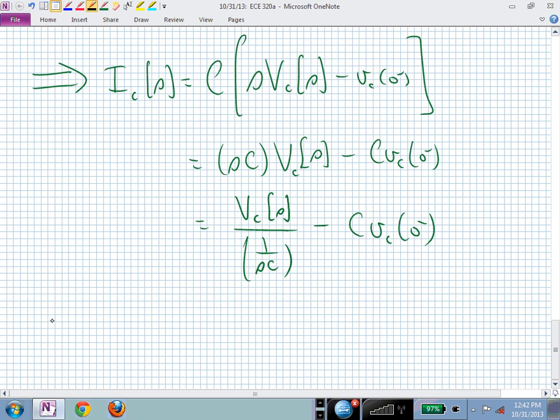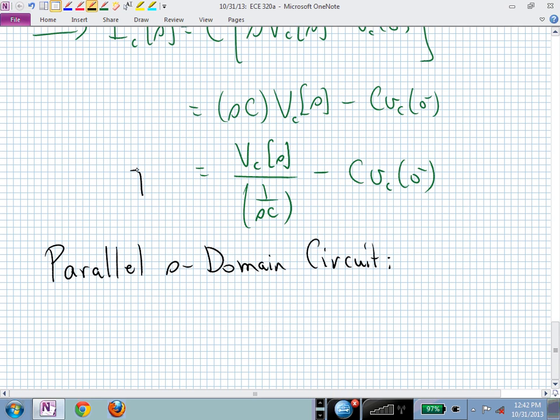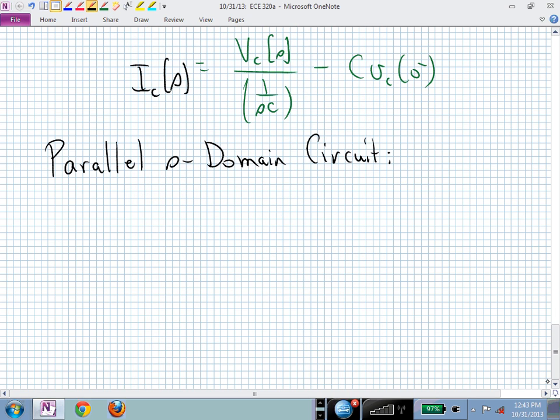Meaning I now have the parallel S-domain circuit for a capacitor from this relationship. Here is the I sub c of S. It's again made up of two pieces. One piece results from the impedance of that capacitor.